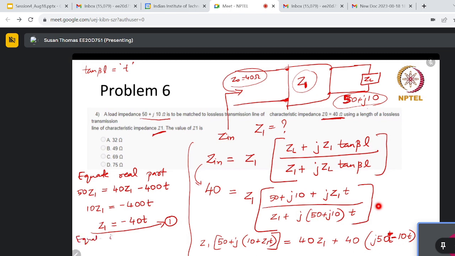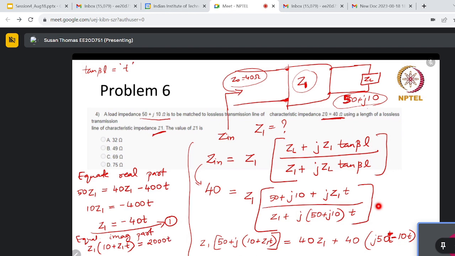Equating imaginary parts, what you are going to get will be Z1 into 10 plus Z1 t, taking the j terms, is equal to, on the other side, 40 into 50, that is 2000 t.